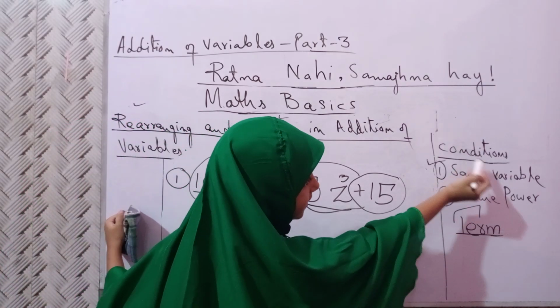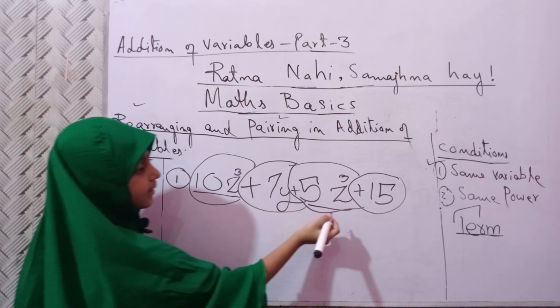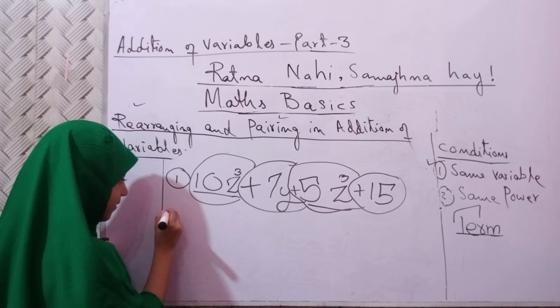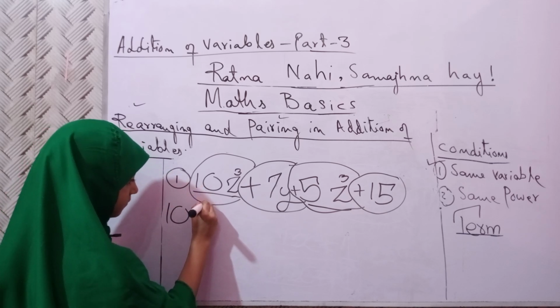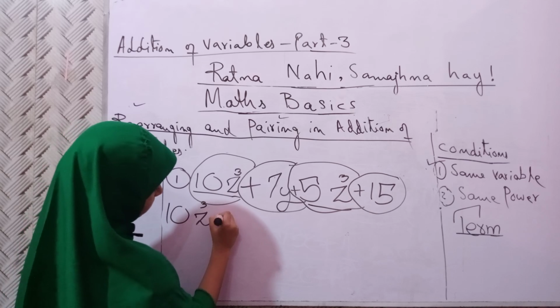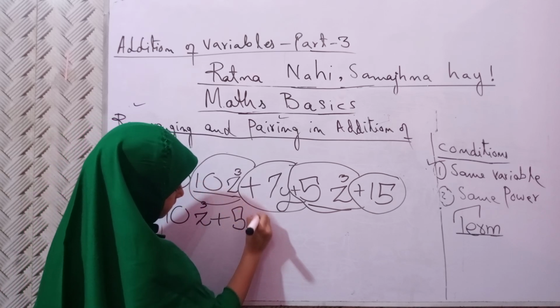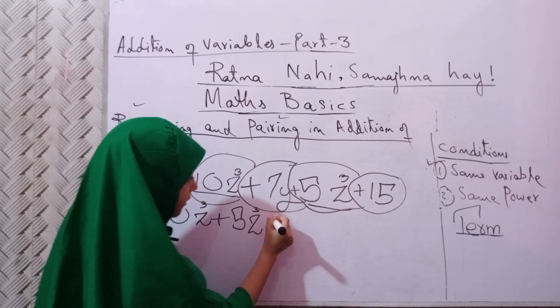Now, condition, same variable and same power. Look, same power z and same variable 3 and 3. Now I will write down. Now there is no pair, that's why I will write it down as it is.